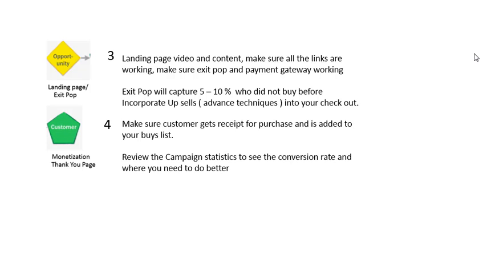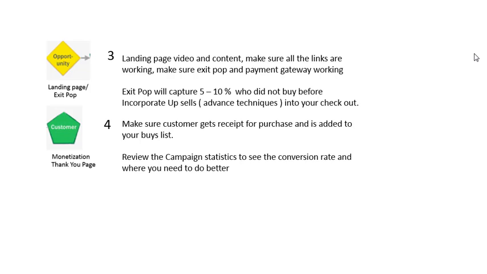Number four, make sure the customer gets a receipt for his purchase and is added to your buyers list. This is critical. You want them to know via email that they have purchased this thing and they're going to be getting it. Secondly, you have their email and it needs to go on your list, which becomes your buyers list.